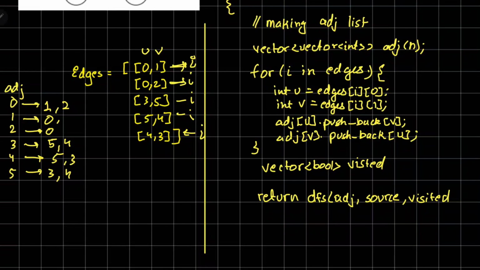It takes less space than int, so vector of bool visited, and it will have a size of n, and by default all will be false, so we don't need to initialize it. And we'll also pass here the destination, and yeah, that will be our valid path function.